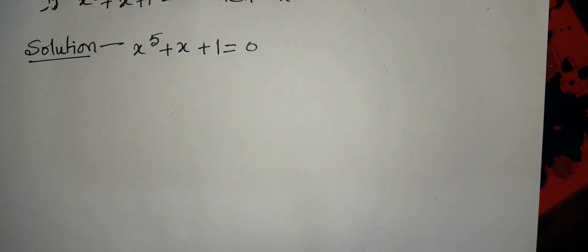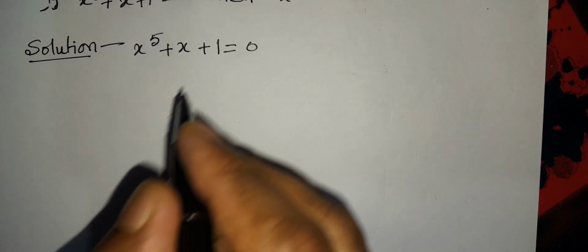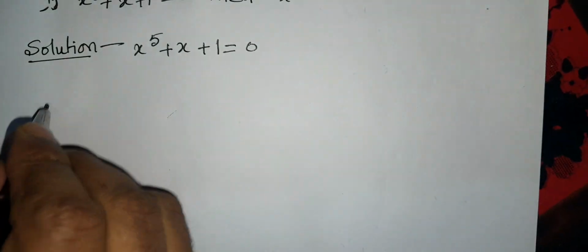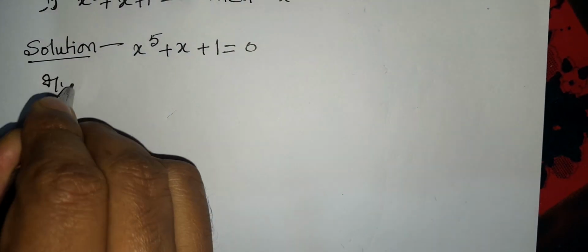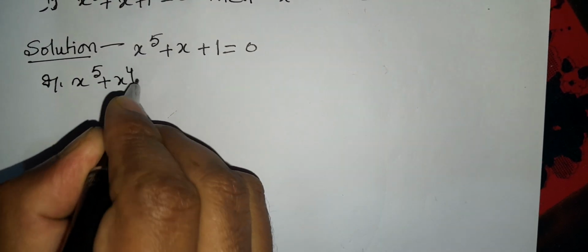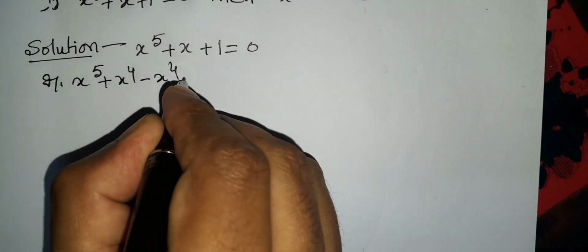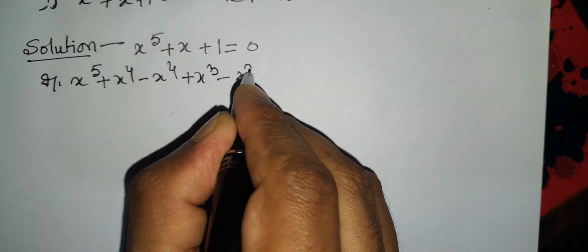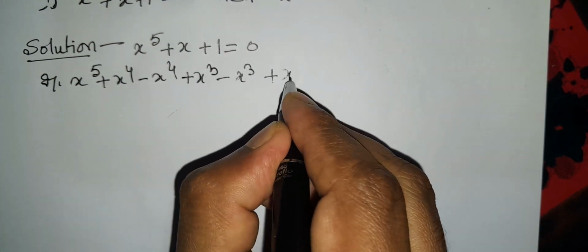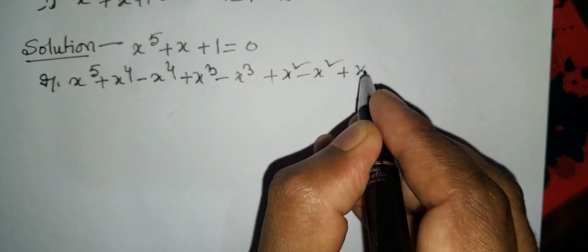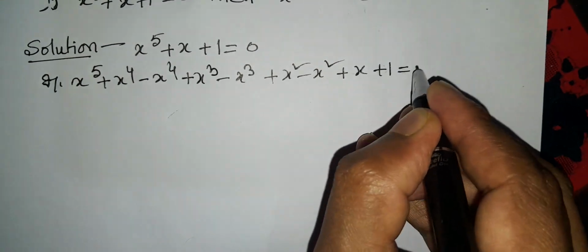Okay, we add the missing terms here: x to the power 5 plus x to the power 4 minus x to the power 4 plus x cube minus x cube plus x square minus x square plus x plus 1 equal to 0.